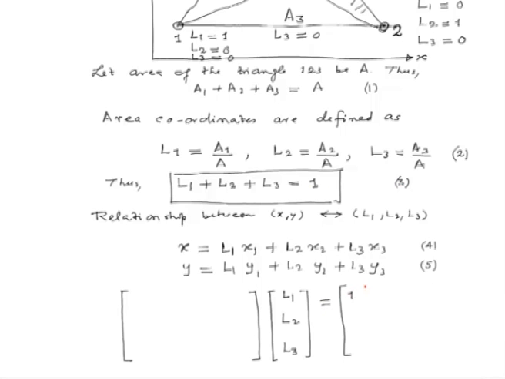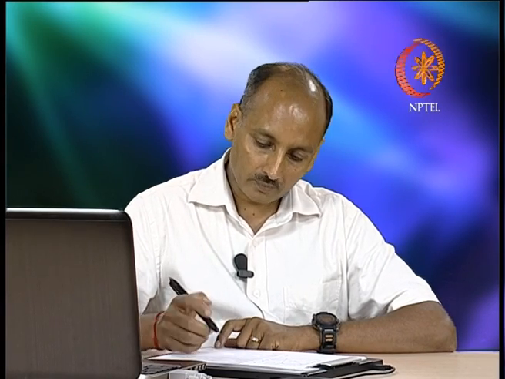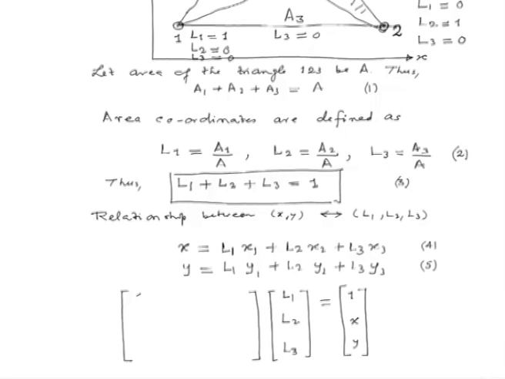From equations 4 and 5 we take the left hand side, which is our x and y, because the terms involving the natural coordinates go on the right. So, the first row is basically 1 1 1, multiplied by the vector L1 L2 L3, which should give us 1. So, L1 plus L2 plus L3 is equal to 1.